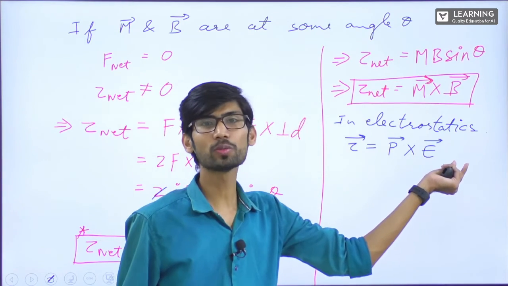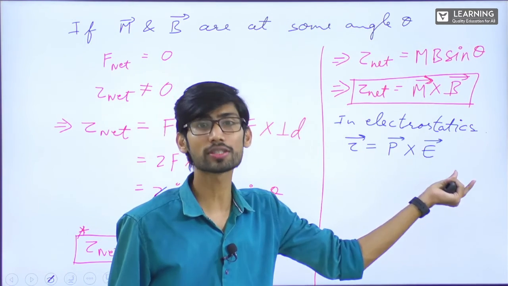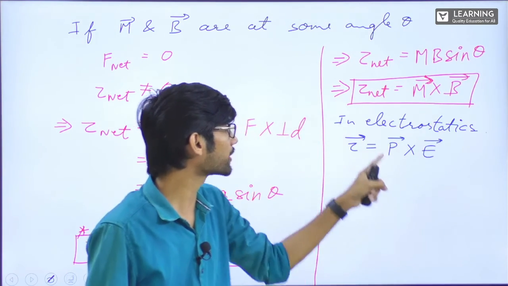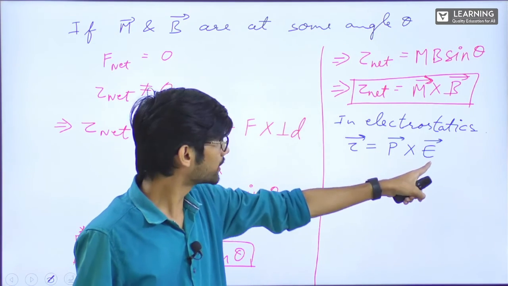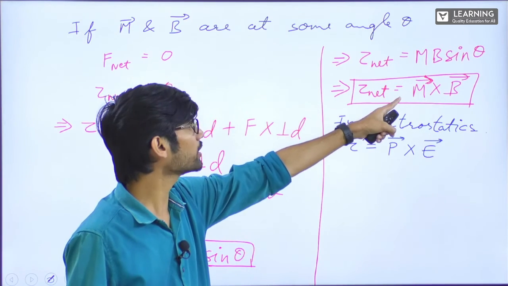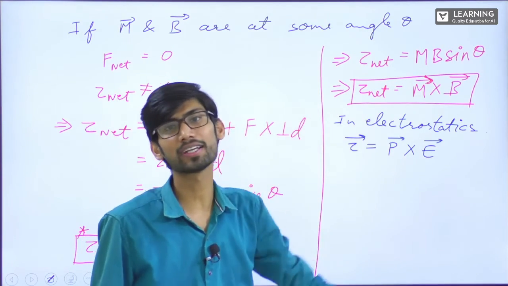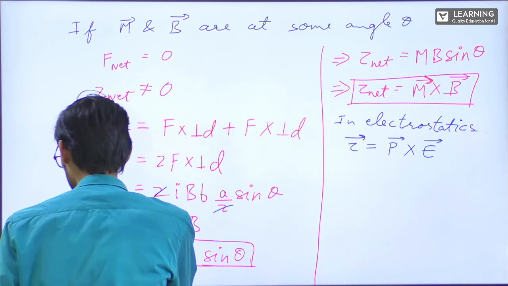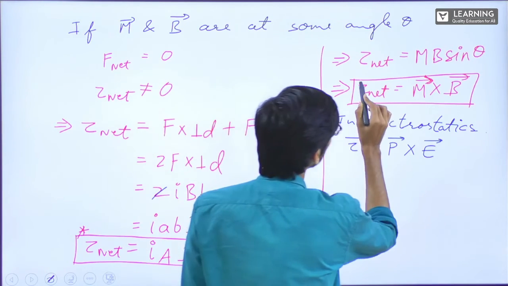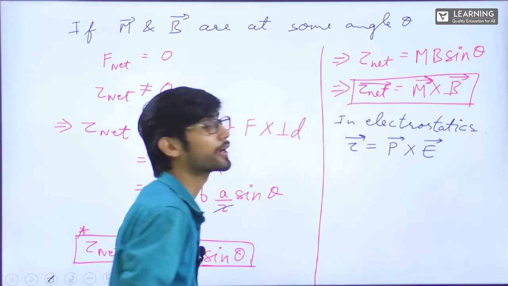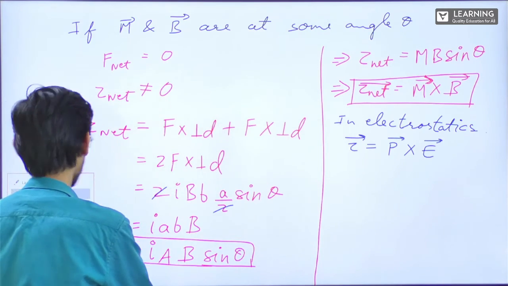Electric dipole cross electric field. The same way you can remember, here electric dipole was there first, then electric field was there. The same way here magnetic dipole is first, then magnetic field is there. Clear? Both the formulas, why I am telling you right now, so that you can relate and you will not forget. Got the point?